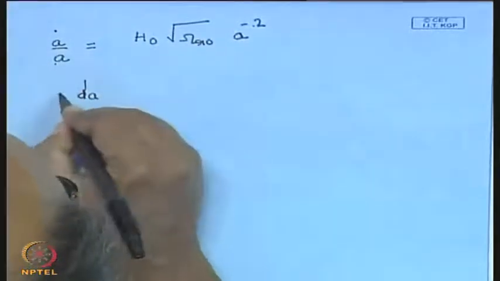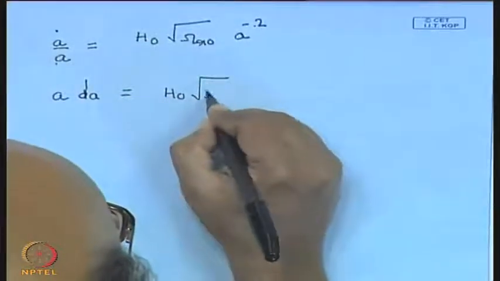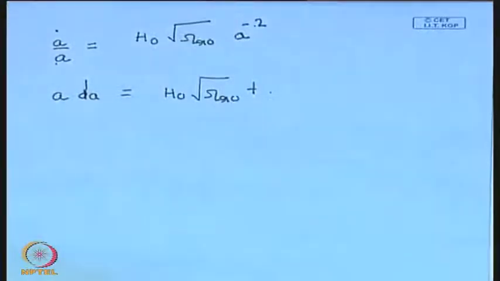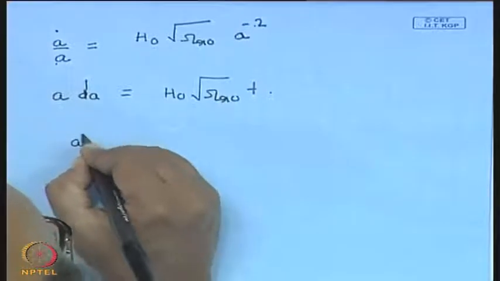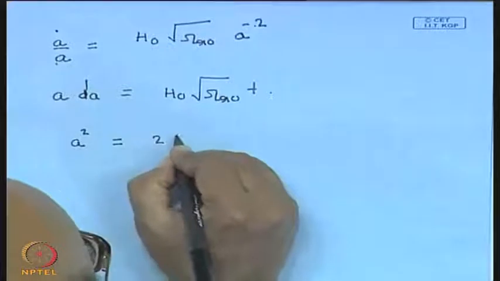So, I have a dA is equal to h naught, or a square is equal to 2 h naught.